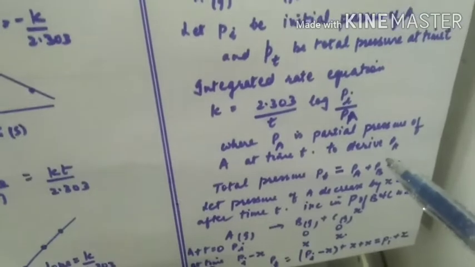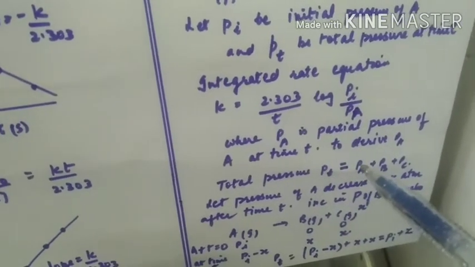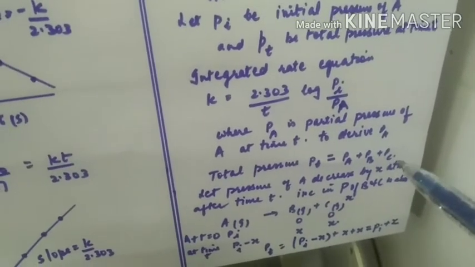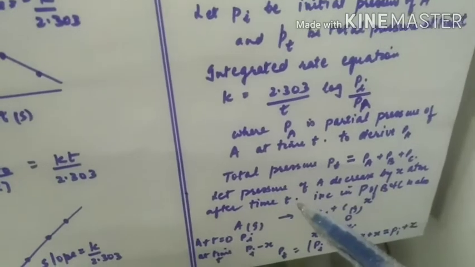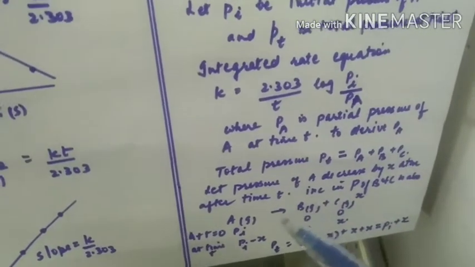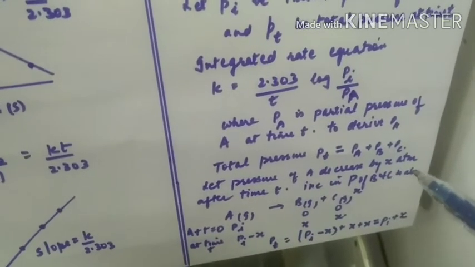To derive Pa, let us consider total pressure. Pt is equal to the partial pressures of A, B and C, Pa plus Pb plus Pc. So if the pressure of A decreases by x atmosphere, then after time t, the increase in pressure of B and C will also be x.